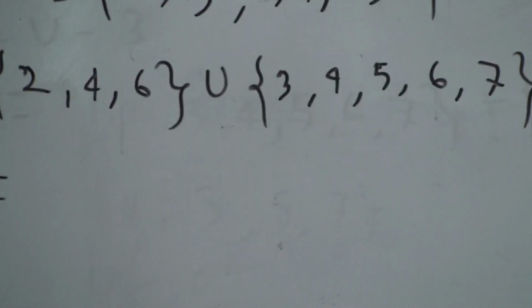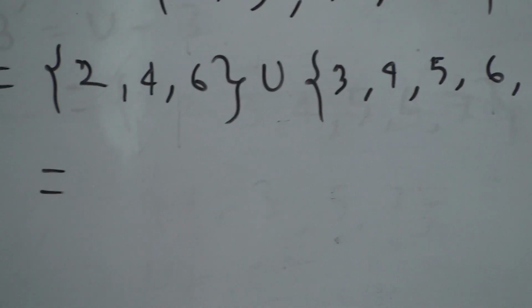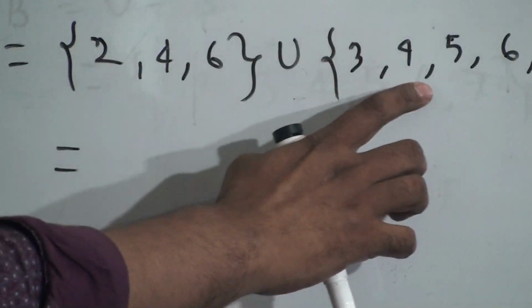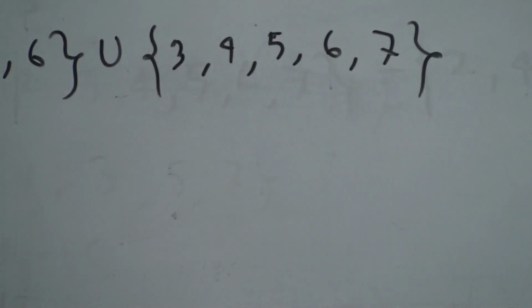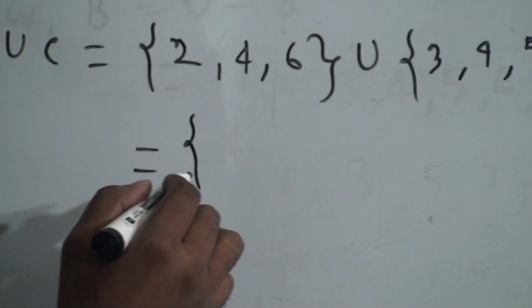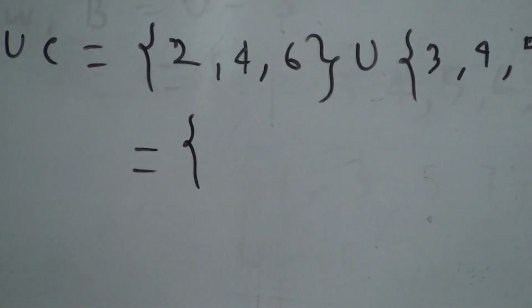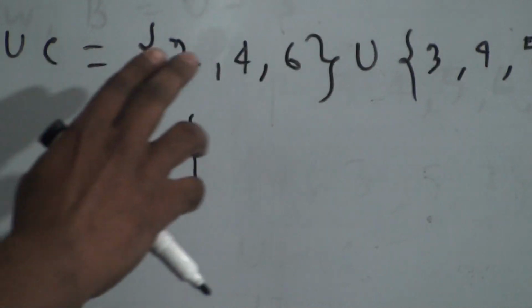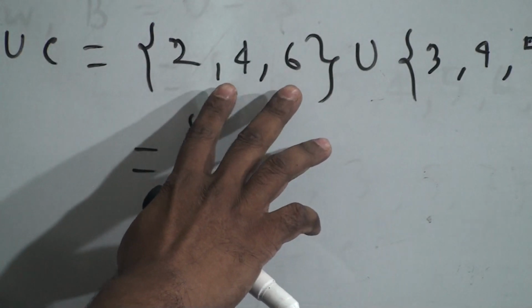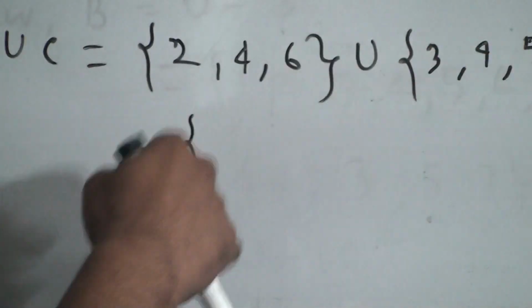Since we have to find the union of these two sets, all of the elements from these two sets will come.